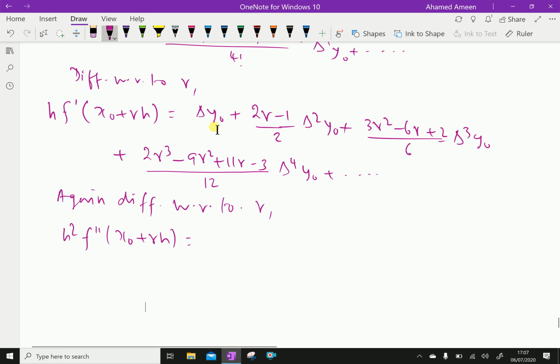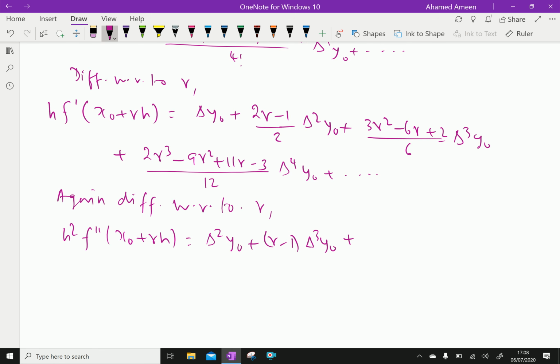So here the derivative of 2r is 2, the derivative of 1 is 0, 2 by 2 is 1, so it becomes delta square y0. Then the derivative of 3r square is 6r minus 6 over 6, so it becomes r minus 1. Then the derivative is 0 here, r minus 1 into delta cube y0.